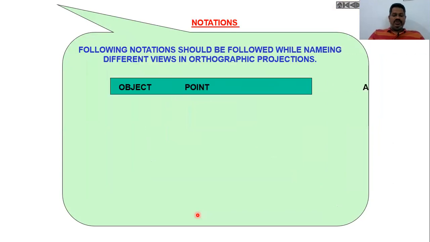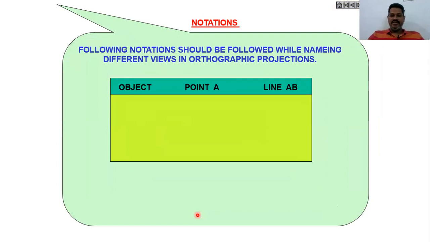The notation is that the actual point I am going to indicate as capital A. If I am drawing the projections for a line, the end points I am going to indicate as AB, the line AB. The point I am assuming as capital A, the line as AB.